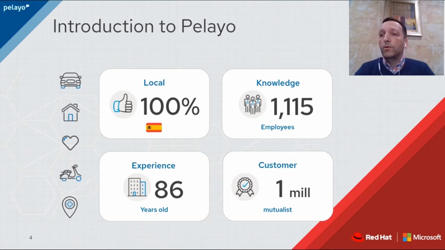We have more than 1,000 employees, and we are an 86-year-old company. We sell mainly car and motorbike insurance, but we have other important types of insurance like home, health, life, or agricultural. And the most important thing here is that we have more than 1 million happy customers.